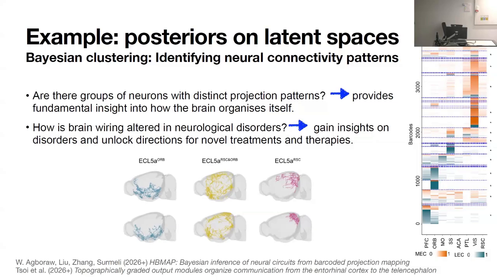Just so you can see here, this is a type of data called single neuron reconstruction data. All of these neurons have their body in the entorhinal cortex, so the body is in the same region, and they place a dye into the brain, which allows them to track the axon and all the branching process of how the neuron connects to other parts of the brain.